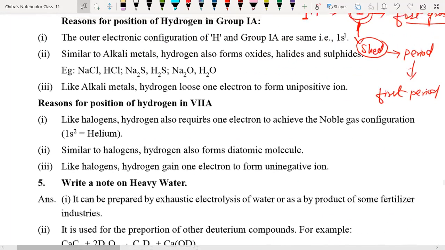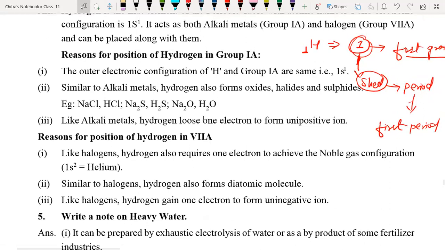See here, this chlorine is from 17th group, and here we have hydrogen. Here we have hydrogen, sodium also. Sodium is from first group.